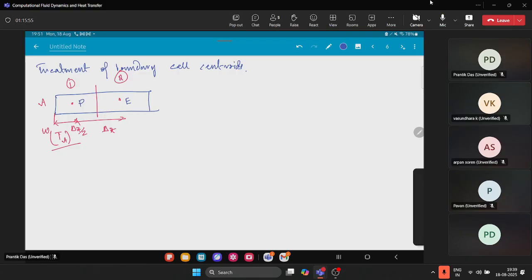Then I can write Ka dT/dx at small e minus Ka dT/dx at small w plus S delta V equal to 0.